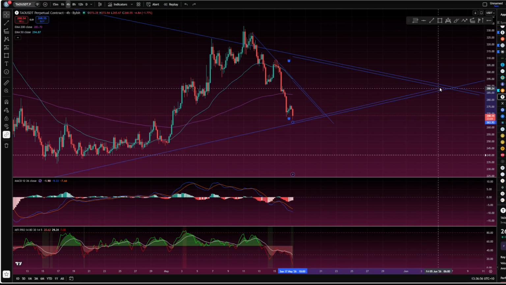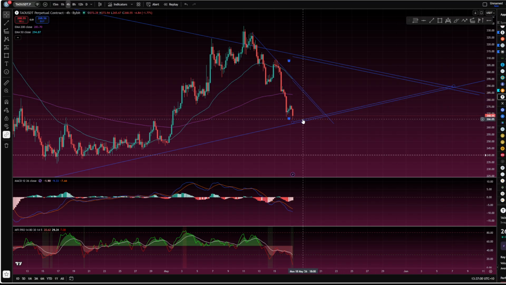This line here is actually the trend line for the daily and the 4 hour. So if it does come back down to this line, that should actually be a very valid alert to look for an opportunity for a long.